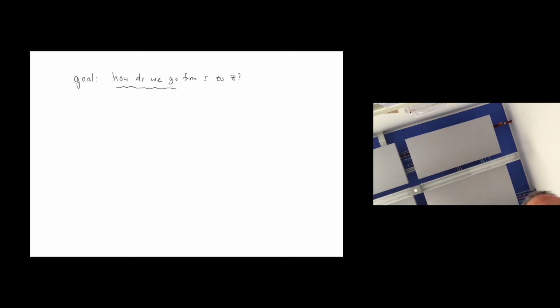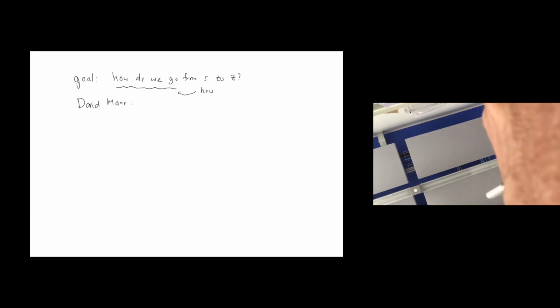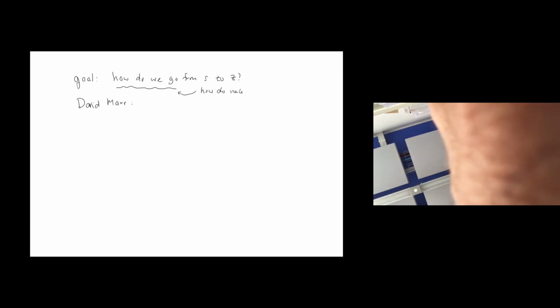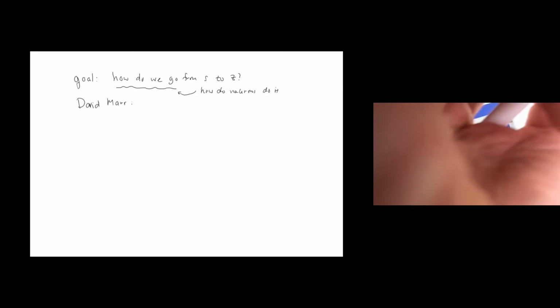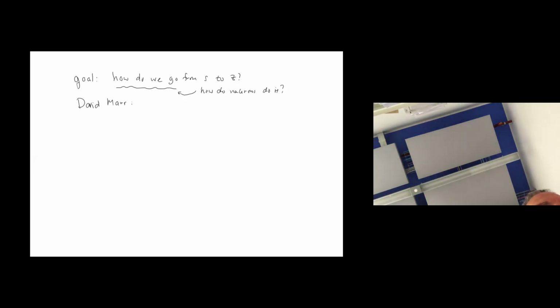But David Marr, the famous David Marr, probably especially famous because he died young, had the following very reasonable approach, which in fact is used in most other sciences: forget about the brain. When we say, how do we go from this, we mean, how do neurons do it? That's really the question we want to ask. So David Marr said, forget about neurons, think about algorithms.